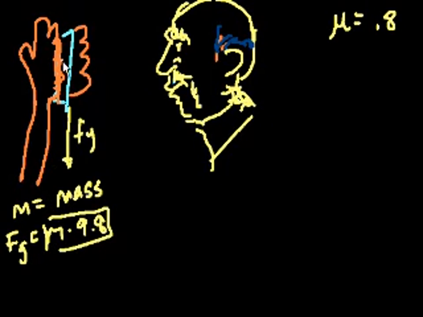In order for this pie to not move down, what do we know about the net forces on that pie? Well, the net forces on that pie have to be 0. So what would be the offsetting force? It would be the force of friction, acting upwards, because the force of friction always acts opposite to the direction that the thing would move otherwise.